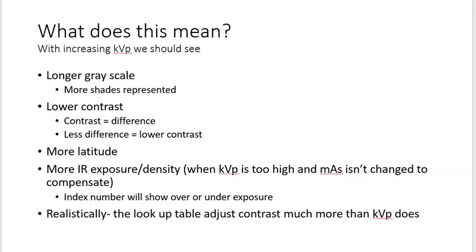But when kVp increases, if mass is not changed, then that image receptor exposure is going to increase. How that's going to manifest itself on your image is you might not see any change in the image itself, but your index number is going to indicate that you've got an overexposure. So if you're working off of a system where as exposure goes up your index number goes down, and you increase your kVp and you don't do anything with mass, then that index number is going to go down.